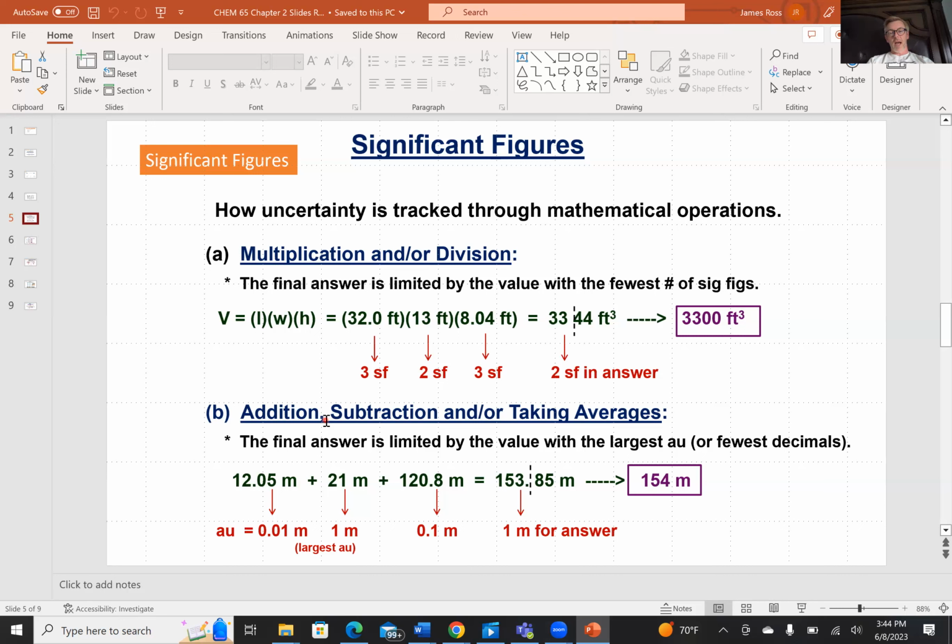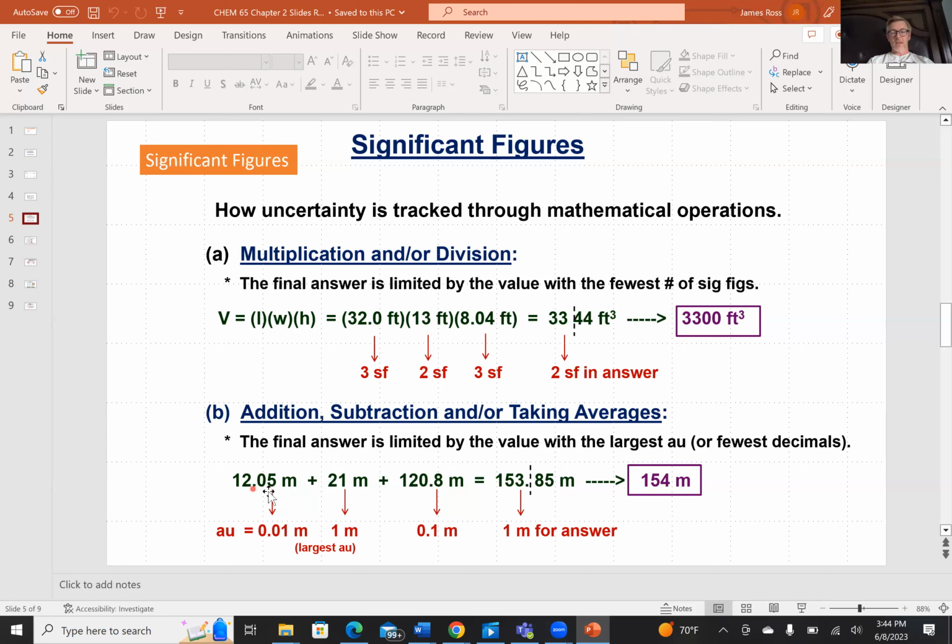If we are going to add or subtract, instead of significant figures, we have to keep track of least decimals. Another way you can arrive at this is to look at the largest absolute uncertainty, but more about that in another video. For now, we're just going to keep track of the least decimal places. So let's say we're going to add 12.05, 21, and 120.8.